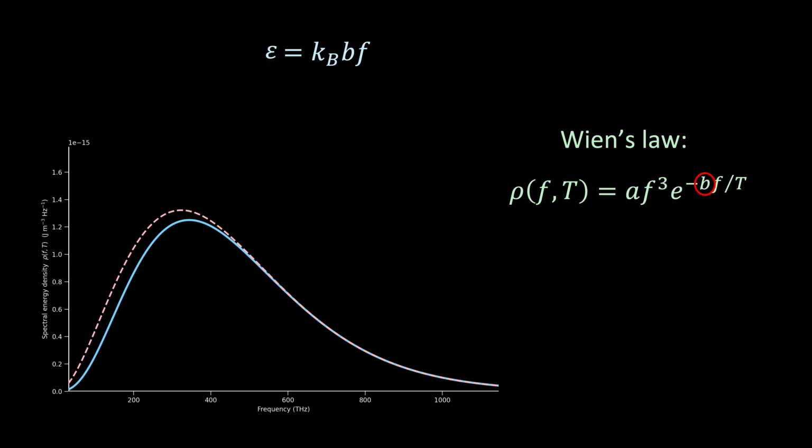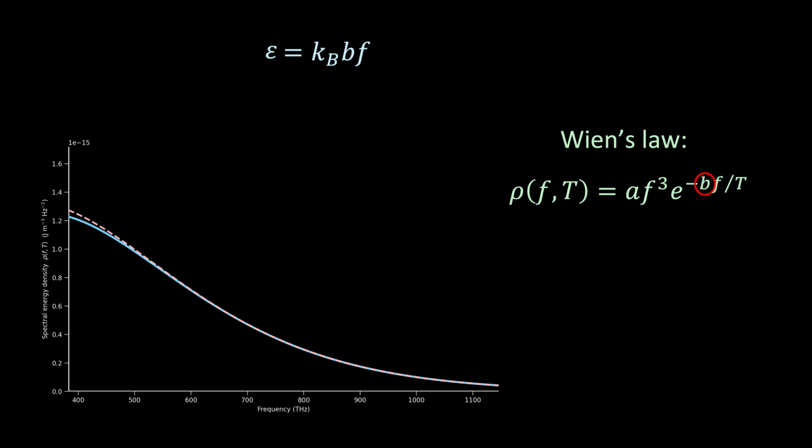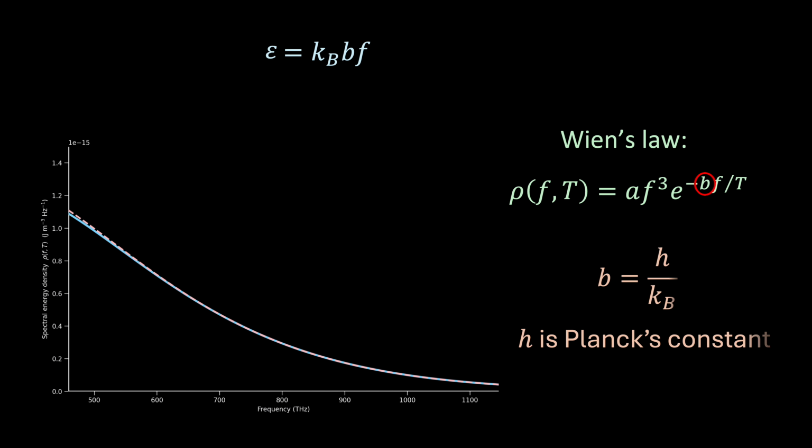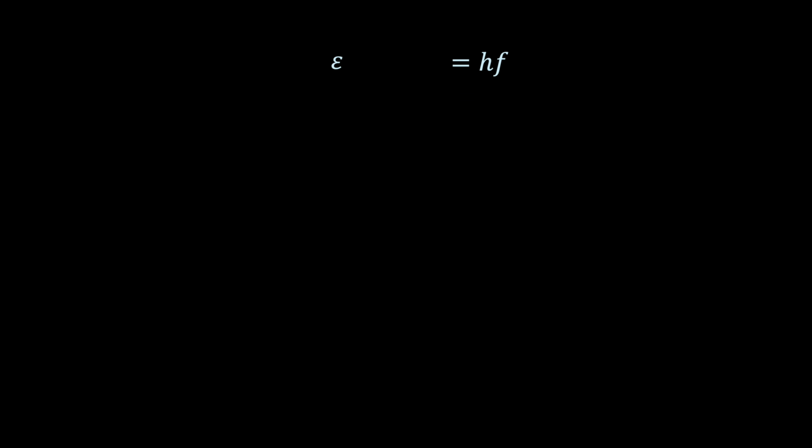And we find that in modern form, the constant B is equal to Planck's constant divided by Boltzmann's constant. And so, if we now sub this into our equation for epsilon and cancel off the k's, we end up with the simple and elegant result that the energy of a single quantum is equal to Planck's constant multiplied by the frequency of the radiation.